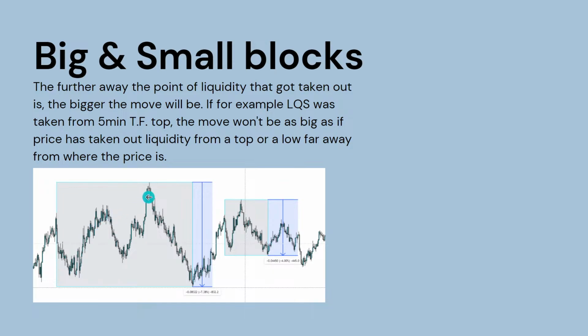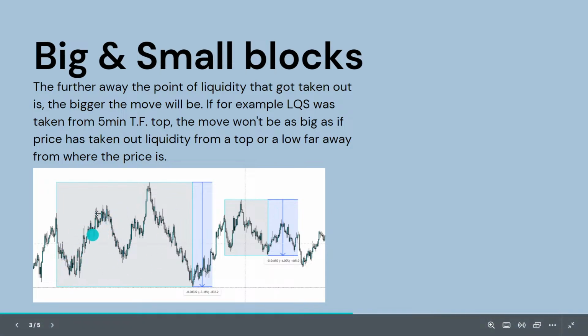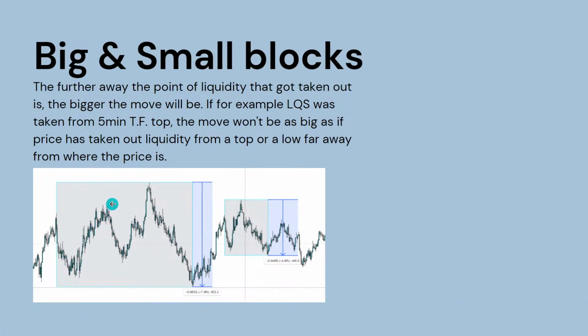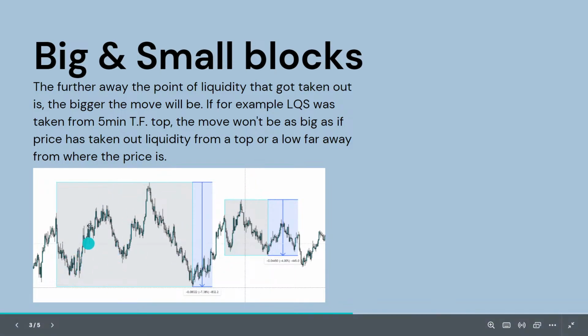So we can see that price has swept the liquidity of this low, and the whole block, how can I say this, the whole situation is bigger than this one, which is similar to this one. So this run is bigger than this one, this hill is bigger than this one, whatever.